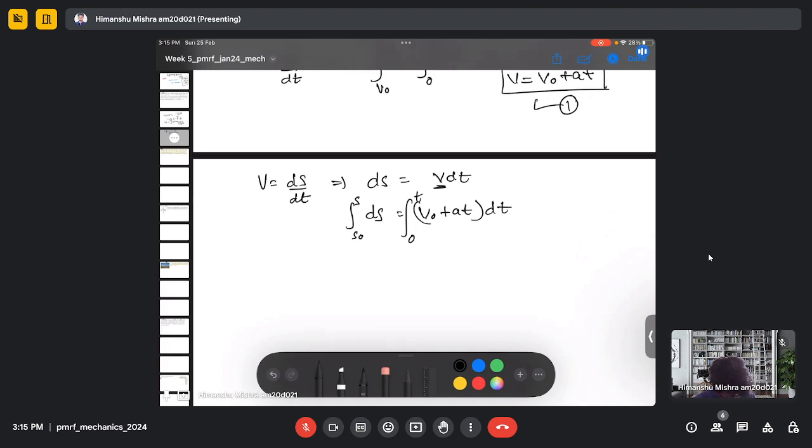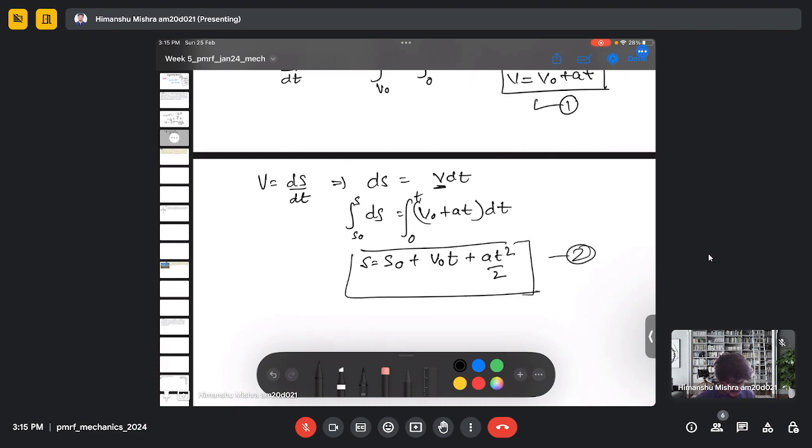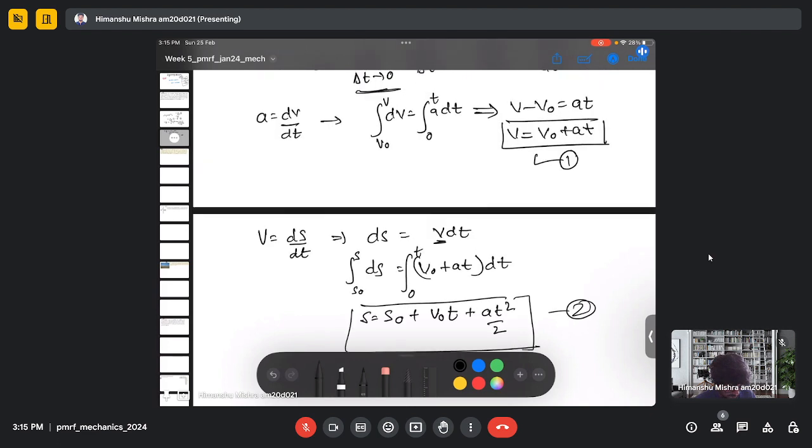Here we will get s equals s naught plus v naught t plus at square by 2. So this is the second identity, where we have defined the relation between the distance s, the acceleration and the initial velocity. And in the first equation we have defined the relation between v, the acceleration and time.